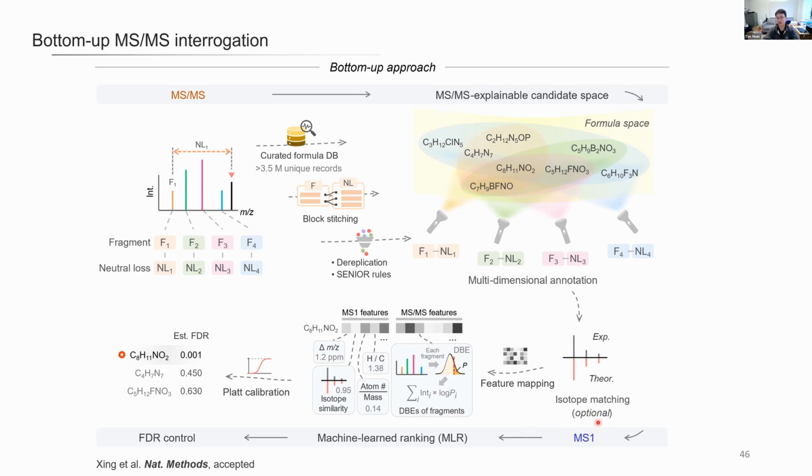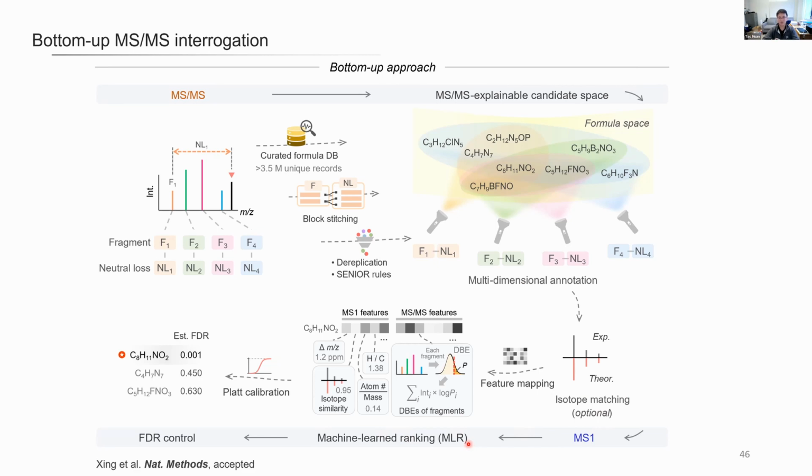Once we generate the formula space, we implement the MS1 information. Of course, this is optional, because sometimes we have the MS1 information and sometimes we don't. Even without the MS1 information or isotope matching, we still implement the machine-learned ranking. This model is trained using the NIST 20 spectral database, which, as I mentioned previously, is a well-established annotated database.